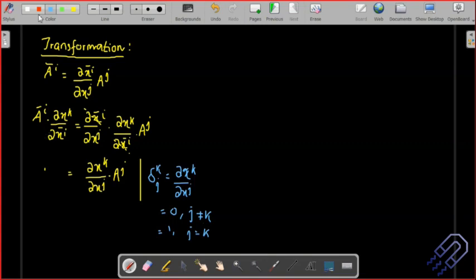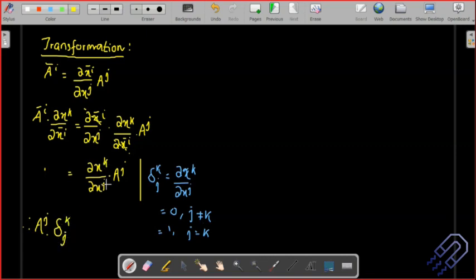Therefore, this aj, let's take this aj on the left hand side. So I'll write it down as aj, and you see del xk by del xj is nothing but the Kronecker delta. So I can directly write this as Kronecker delta kj.